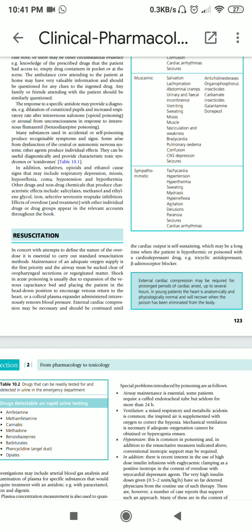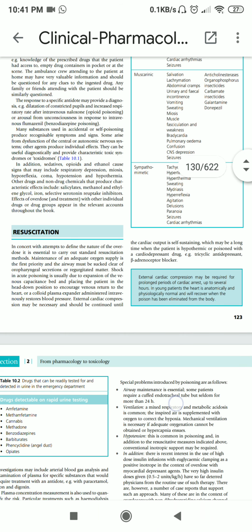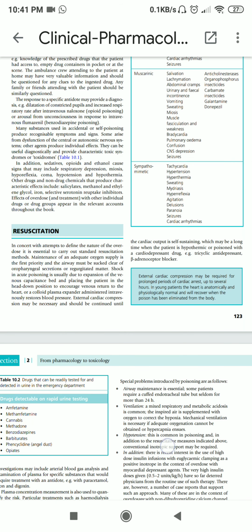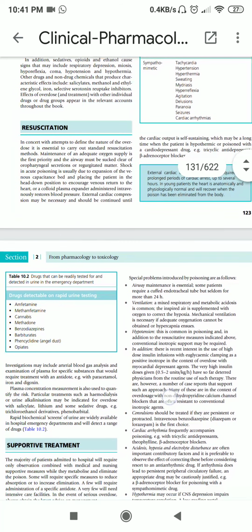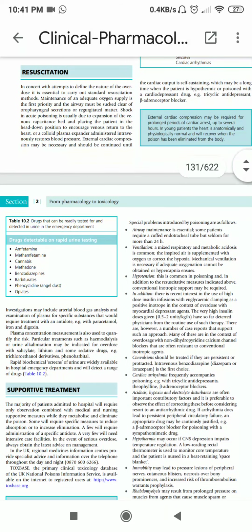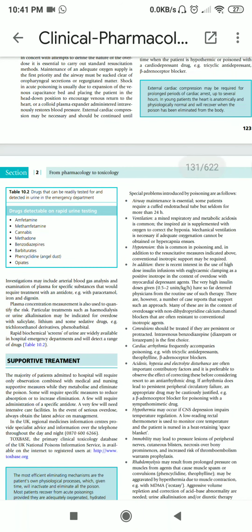That means there should be no mucus formed in the bronchial areas. Then external cardiac compression, if needed, the patient should be given those treatments first. Then blood gas analysis should be done.